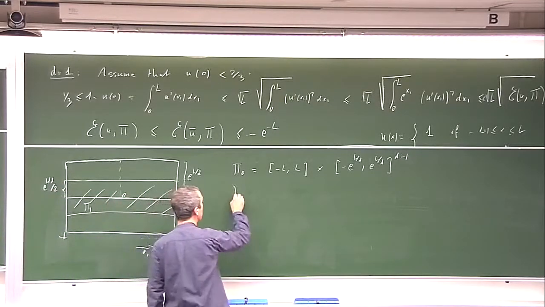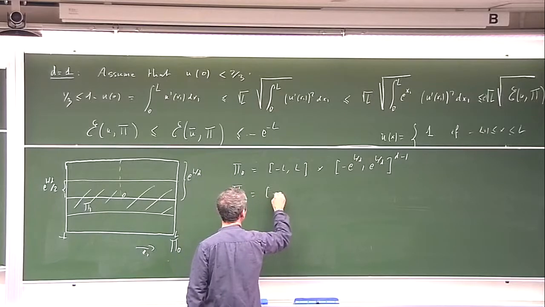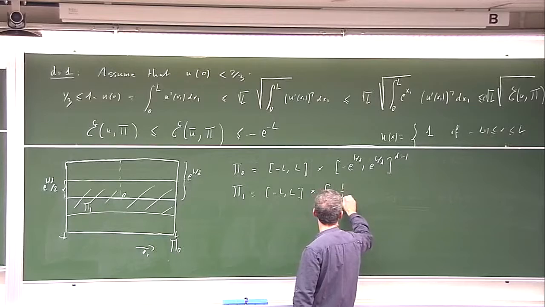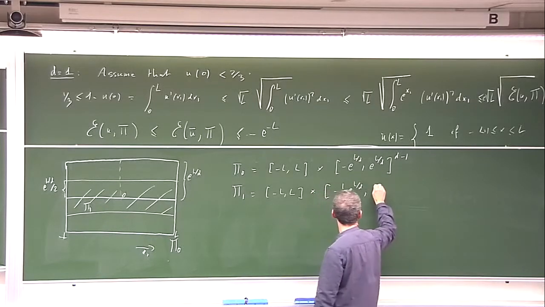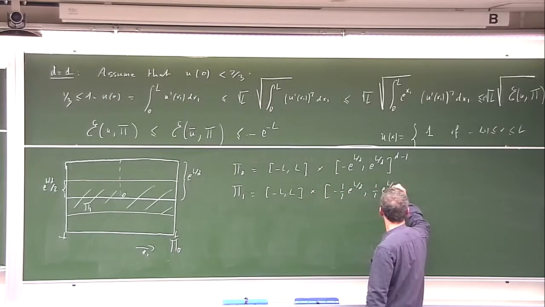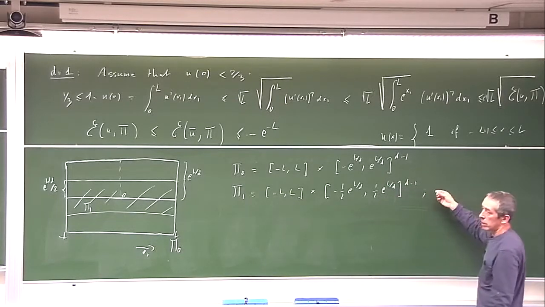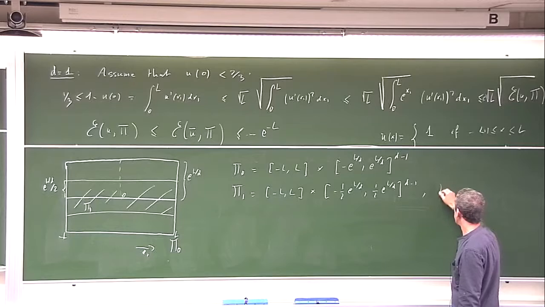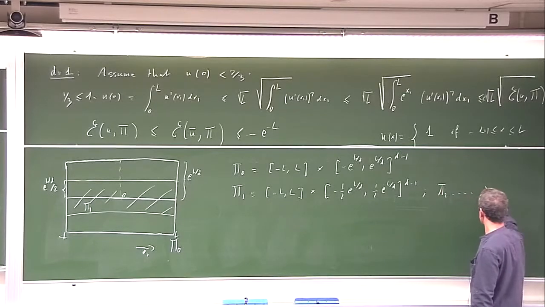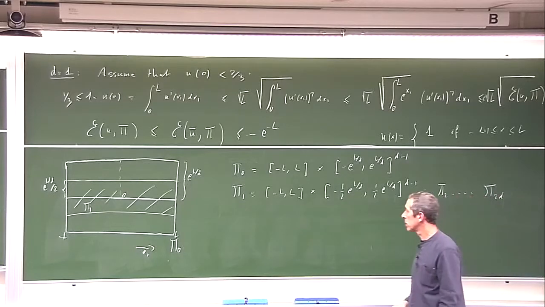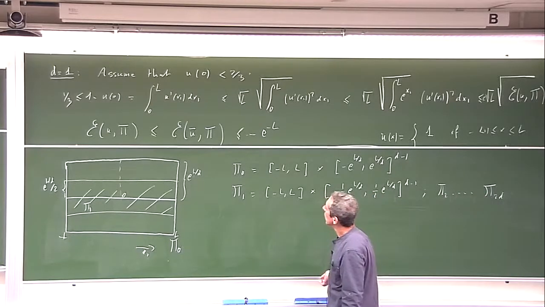So pi 1 is also minus L, L. But now cross minus 1/2 exponential L to the d, 1/2 exponential L to the d, to the d minus 1. And then you keep going by dividing the length by 2 each time. So you define pi 2, etc., down to pi 2d. And we stop after 2d times because this will be sufficient. Okay?